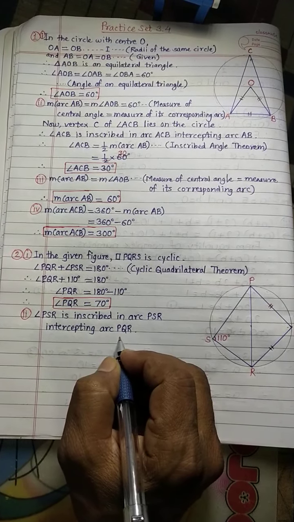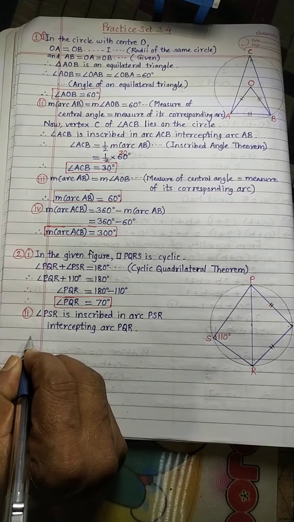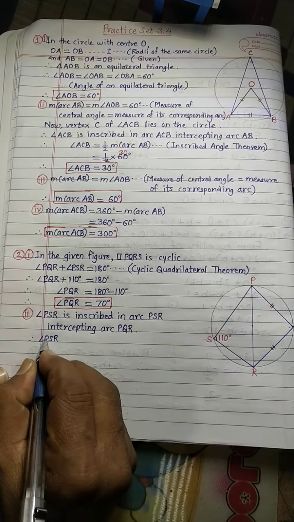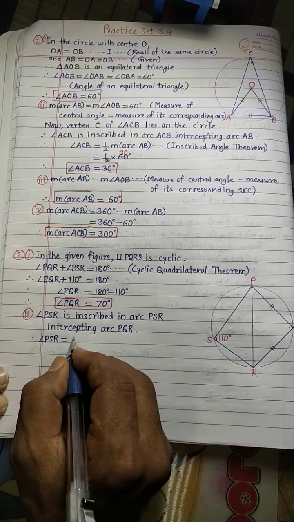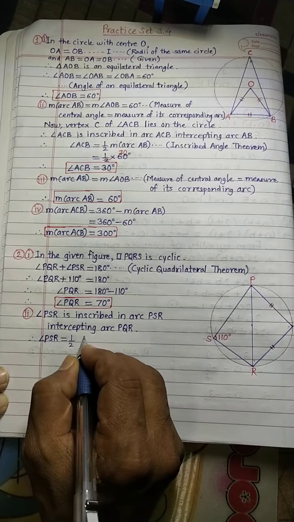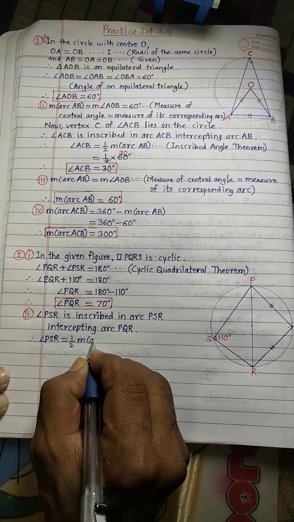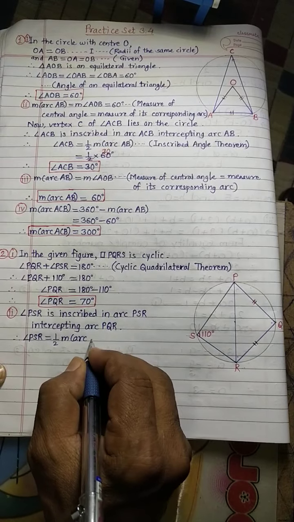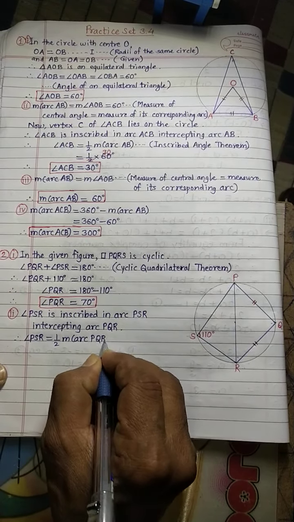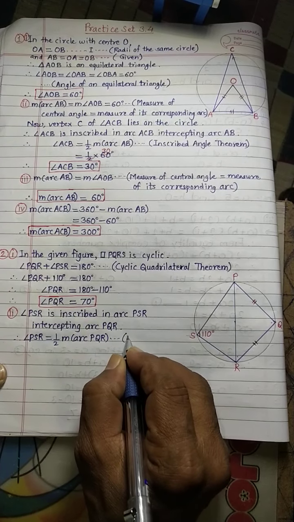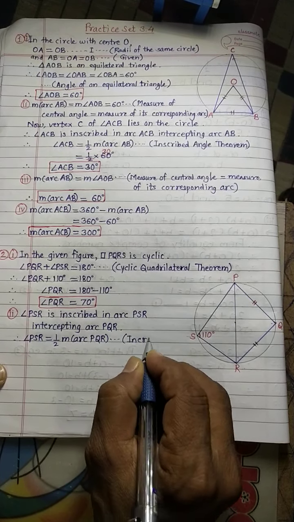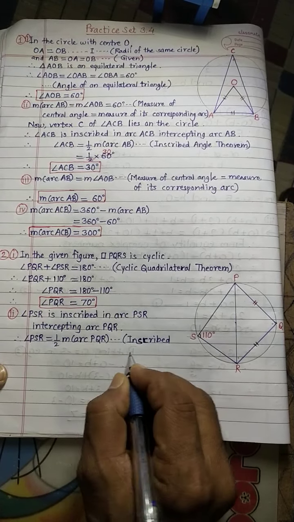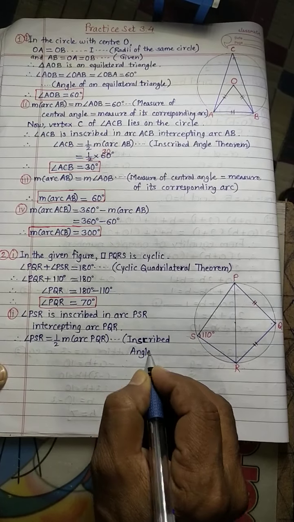So angle PSR is equal to half of the measure of arc PQR, and here the reason is inscribed angle theorem.